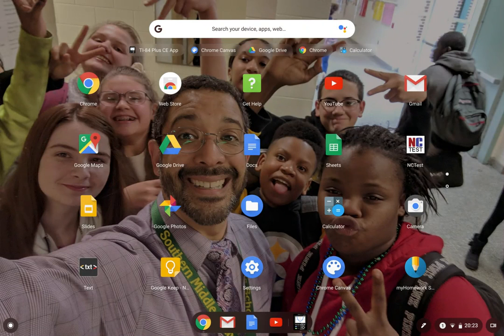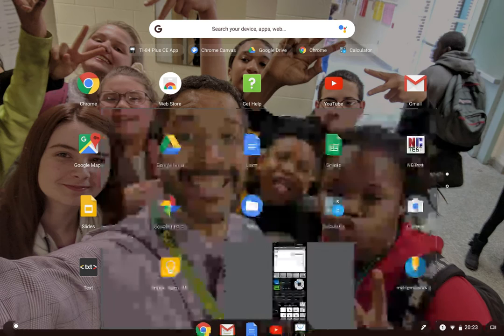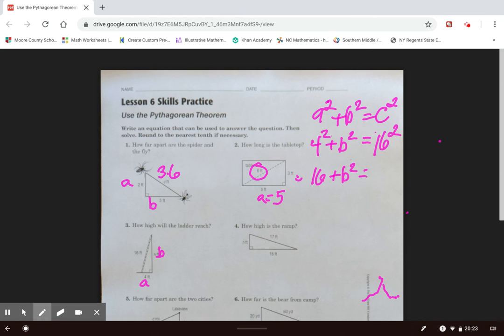So let me go to my calculator, and 16 with the x squared key is 256. So now I'm going to subtract 16 from both sides. So I get b squared equals 256 minus 16, which is 240.